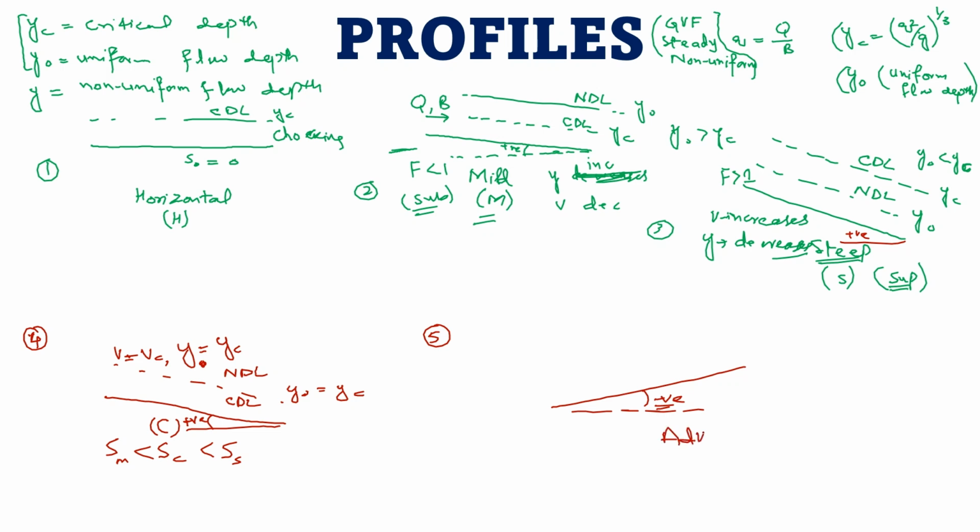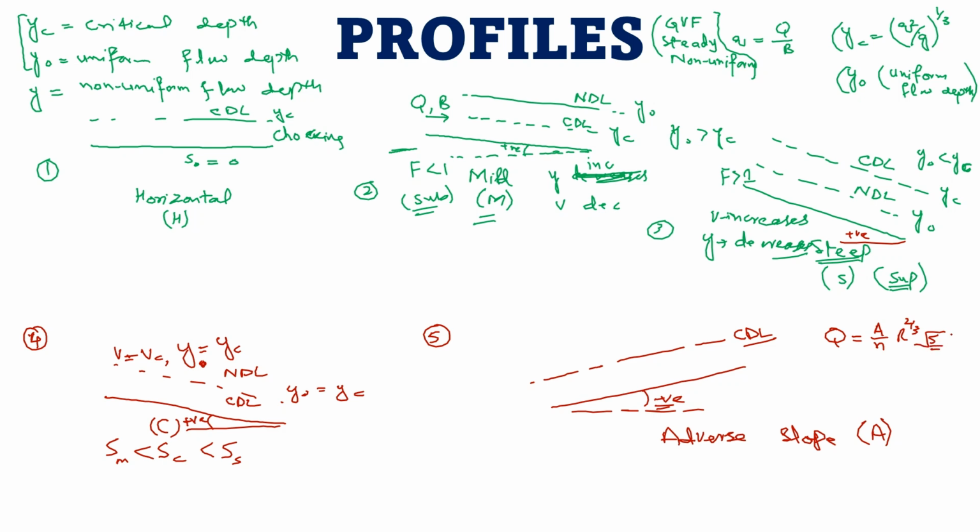This type of profile or arrangement is known as the adverse slope, and this is denoted by A. In this case, again the scenario will be the same, that there will be no normal depth flow, means we will only have CDL because discharge is not possible as per Manning's equation, A over n R raised to power 2 by 3 S square root.